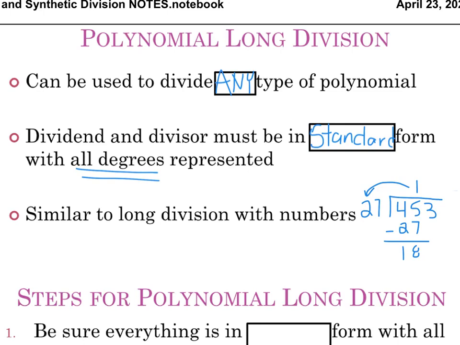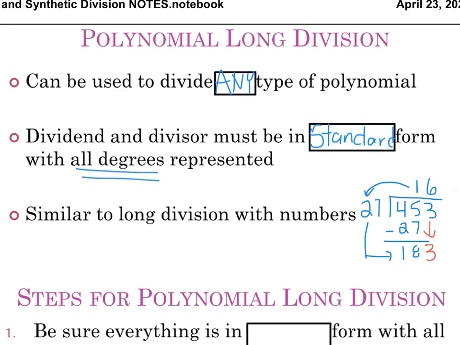And then I will bring down this 3, and then I have to look and see now how many times does 27 divide into 183. And the most times 27 will divide into 183 without going over 183 is 6 times.